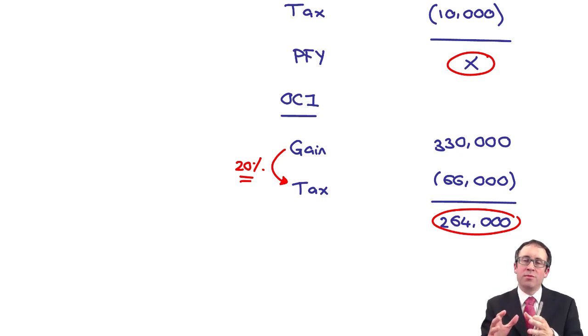But don't let this be the big area that you focus on with regards to the standard on income tax and IAS 12. Focus on the basics. Understand the essentials of deferred tax. And if you can do that, you'll do very well in any exam question.